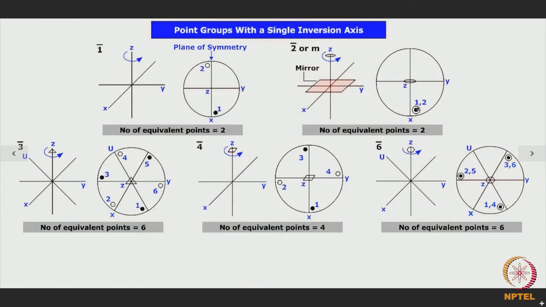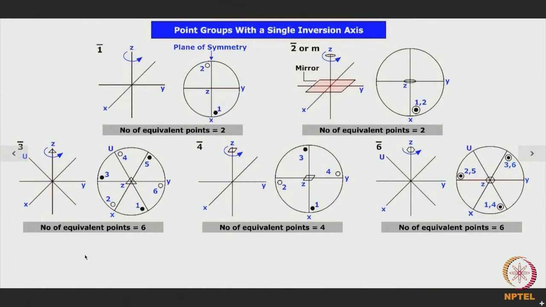So, you see that whether it is bar 2 or m, it practically shows the same number of equivalent points. So, as a point group, you take either bar 2 or m, because point groups are all distinguishable, they will produce distinguishable arrangements of points in space.